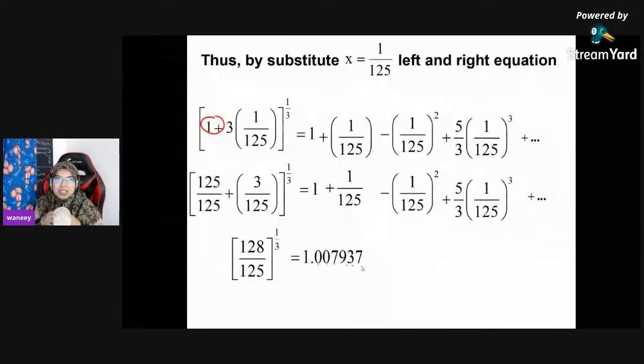So kalau final answer nak 5 decimal places, masa working kita kena pakai 6 lah. So this is what I mean. Okay, so now from the question, we don't want this actually. What we want is the cube root of 2. So let us see how we can actually find out the cube root of 2 from here.